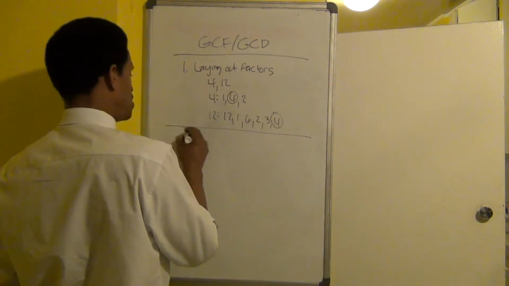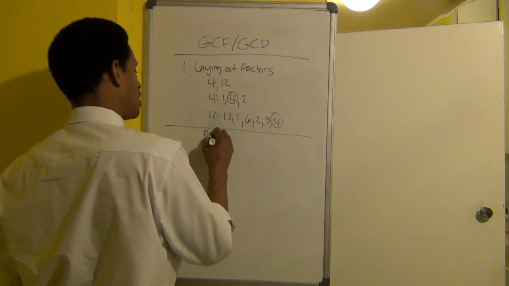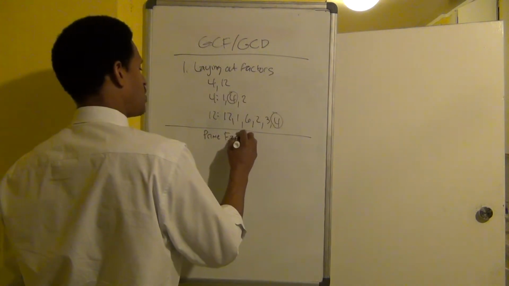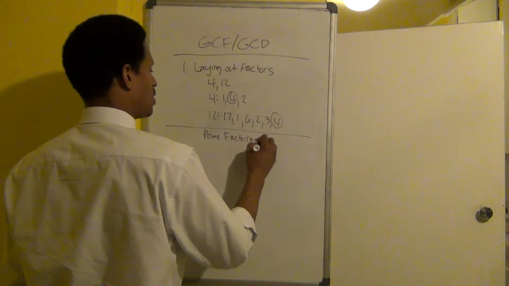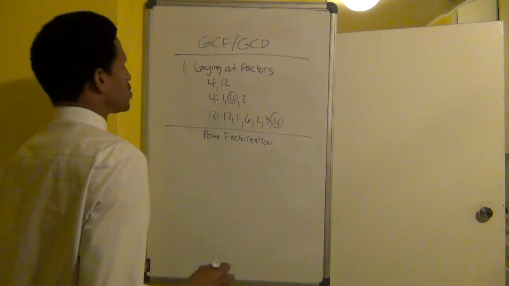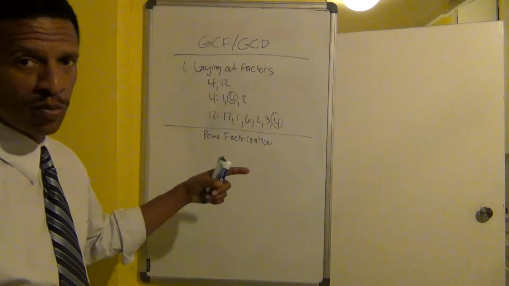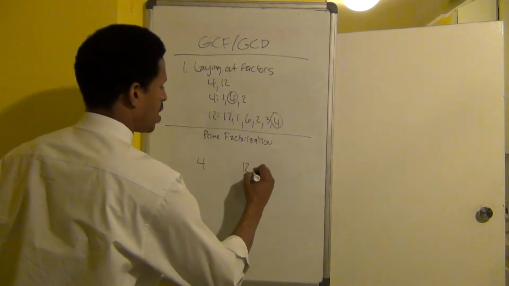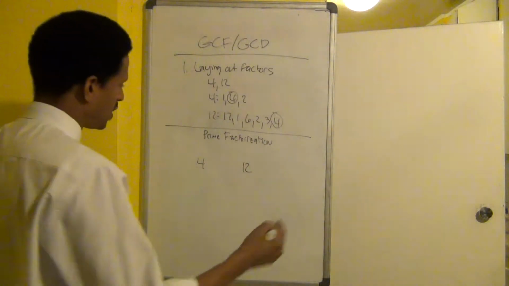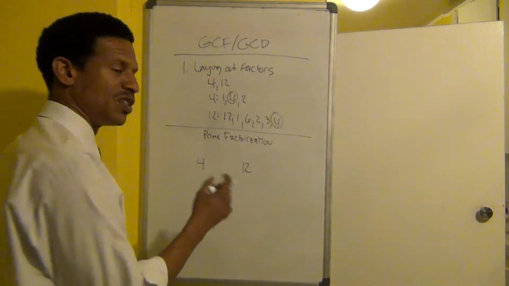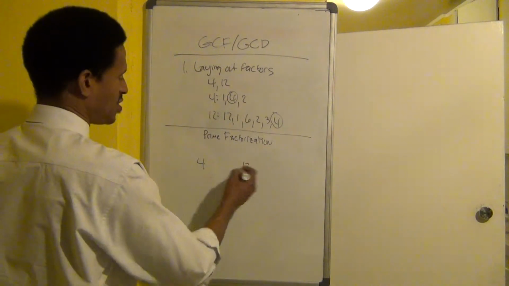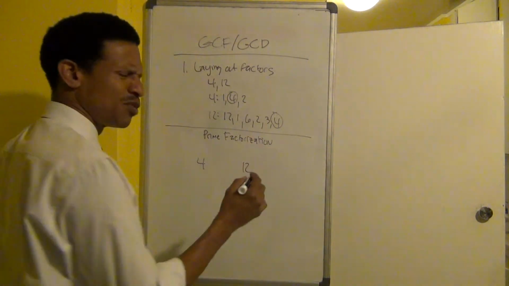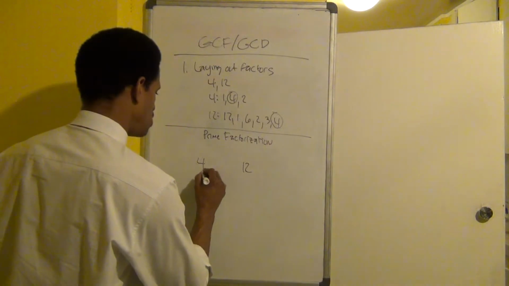And the next way to find the GCF is by using prime factorization. All right, so let's try 4 and 12 using the prime factorization technique. By now, our division skills should be flawless, but I'm going to use my division skills, so I'm going to say 2 here.